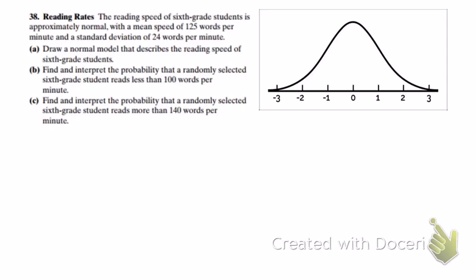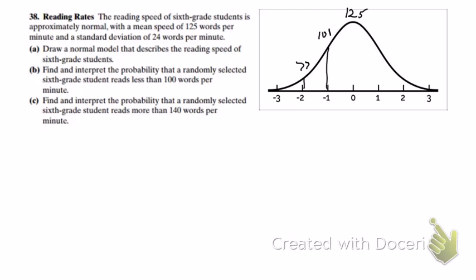And I think there's about 6 or 7 of these in the homework. So really on this, y'all, the first thing to do is make a sketch. So my mean is 125. Standard deviation is 24. So that would make right here 101, right here 77.